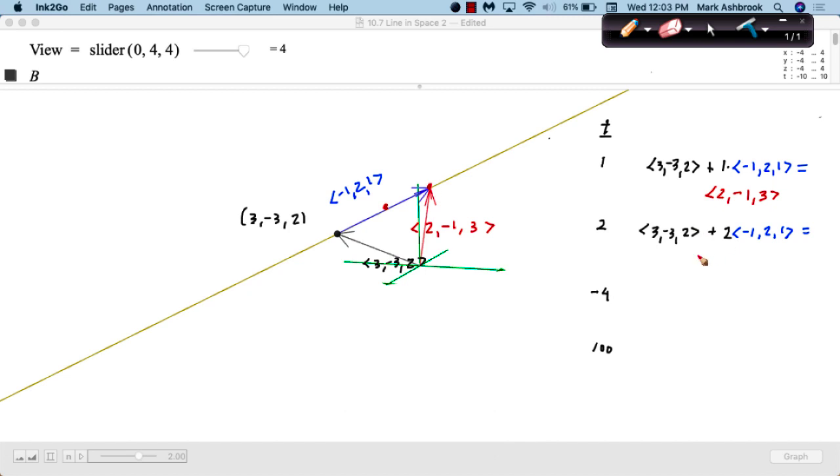I heard 1, 1, 4. Is it right? So this is the point 2, -1, 3, then 1, 1, 4, and then how about -4?